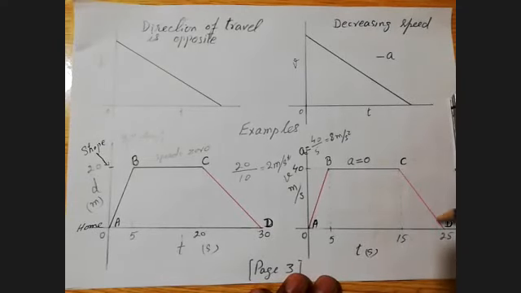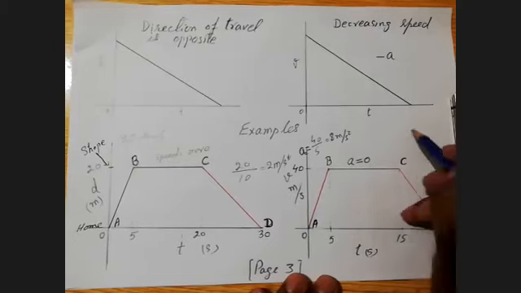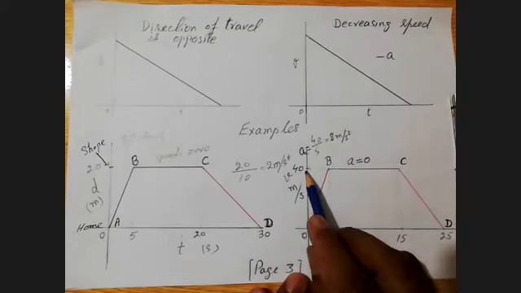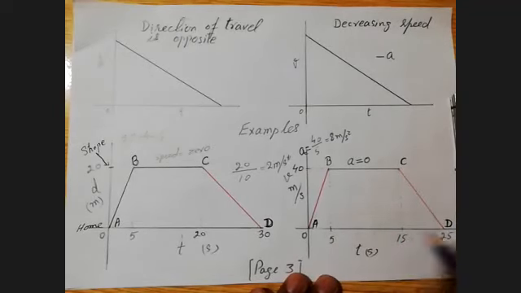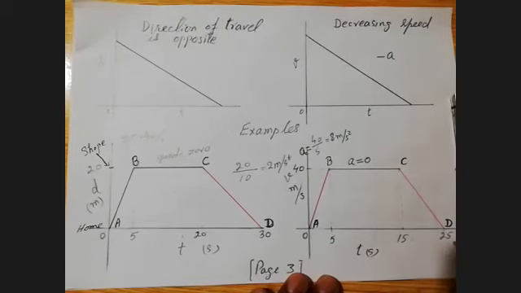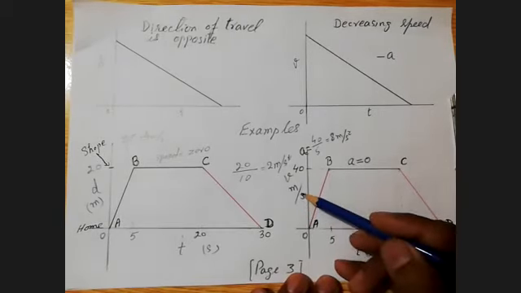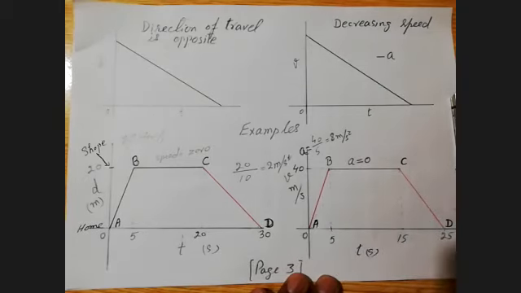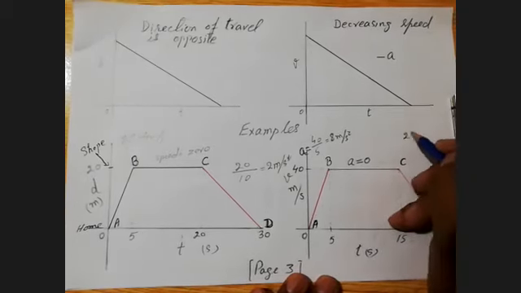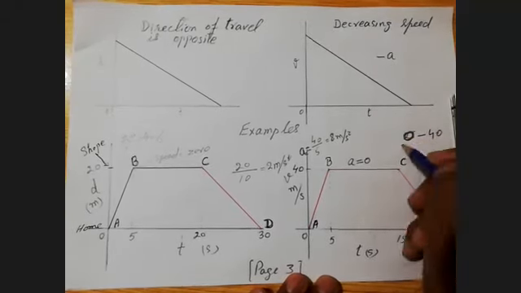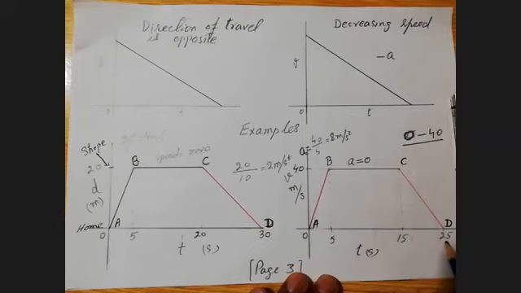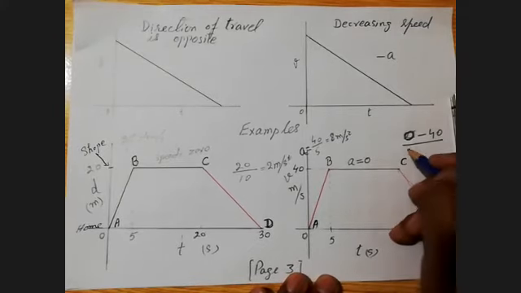Now from C to D, the velocity is decreasing. Initially its velocity was 40 meters per second. From here, the velocity is decreasing to 0 at the 25th second. This time is given in seconds, and the velocity is given in meters per second. So you can write 0 minus 40 over the change in time, 25 minus 15.